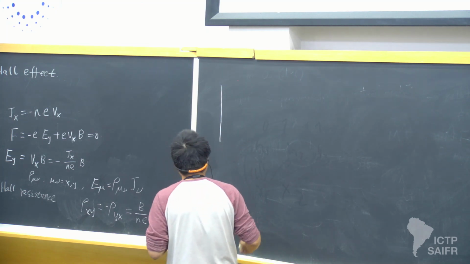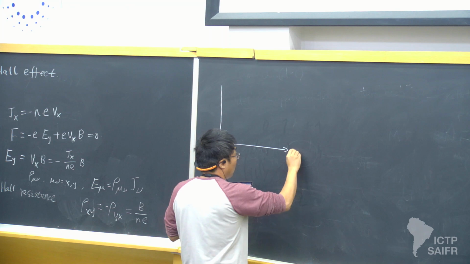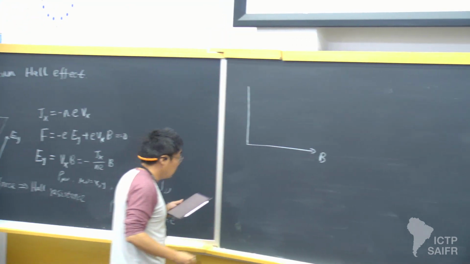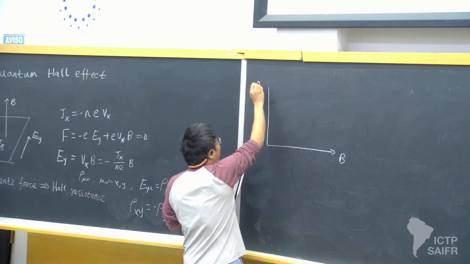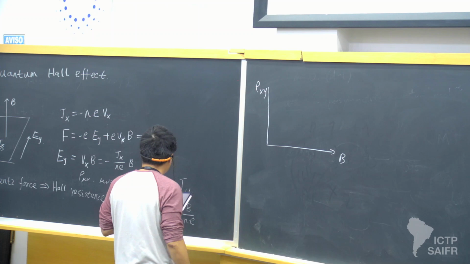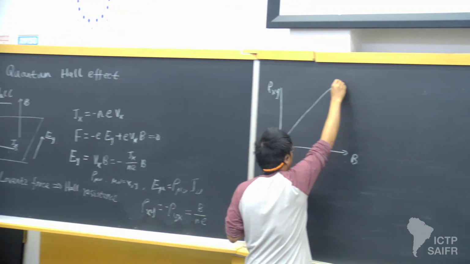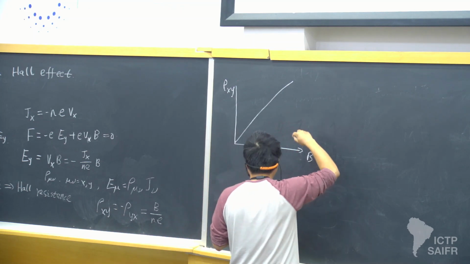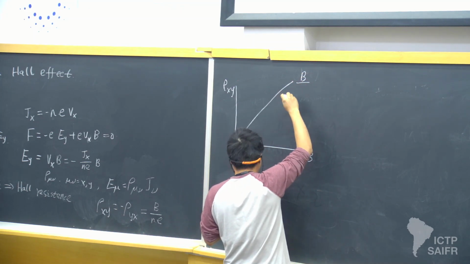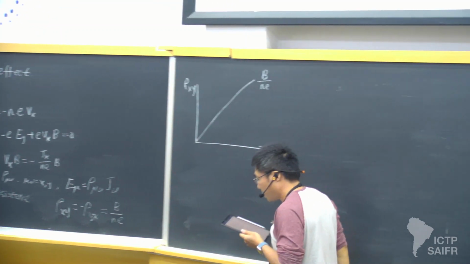On my x-axis, I have my field strength, and on the y-axis is the Hall resistivity. From this, we know that classically what you should expect is really just a straight line, where the resistivity equals, with the slope being B over n times e.